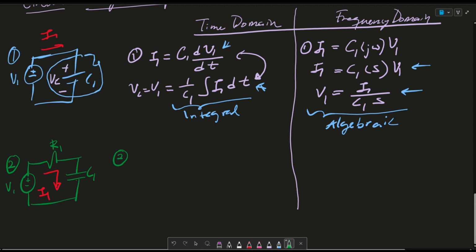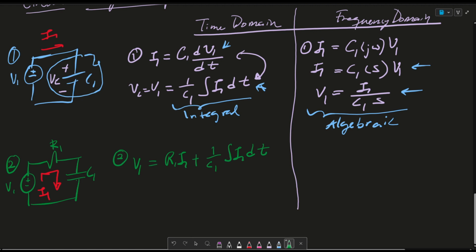Let's write a mesh equation through this circuit. We can say that V1 is equal to the voltage across the resistor, which is simply R1 I1, plus the voltage across the capacitor, which again is 1 over C1 times the integral of I1 dt.